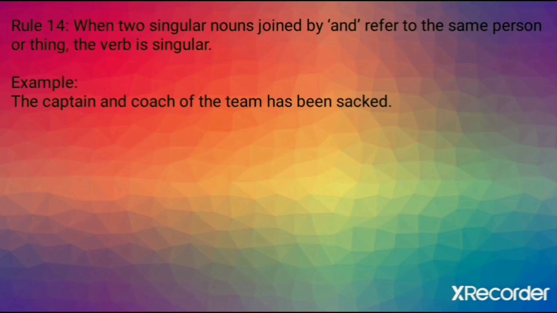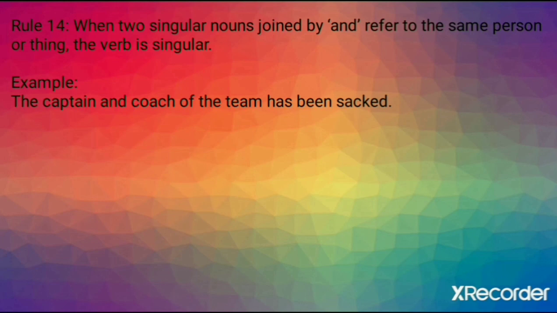So, the captain and coach is a single person. The same person is captain and even the coach. Understood? So, the captain and coach of the team has been sacked. So, singular verb has is used in this sentence.